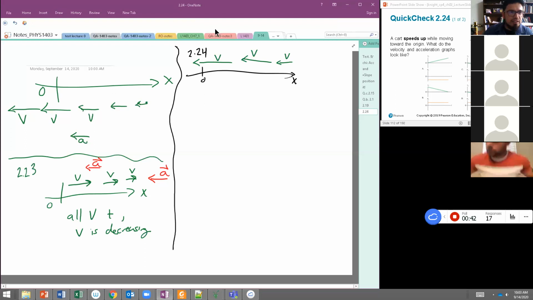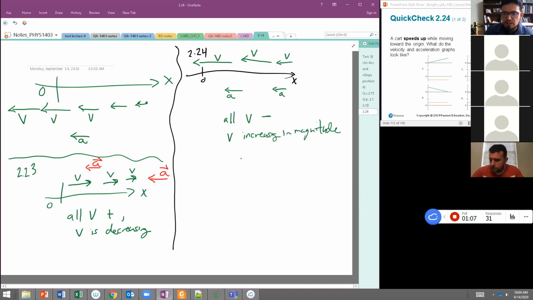So your accelerations are also negative. We have to look at the problem that has all V negative and V speeding up, so V is increasing in magnitude. This also means that the acceleration is negative.